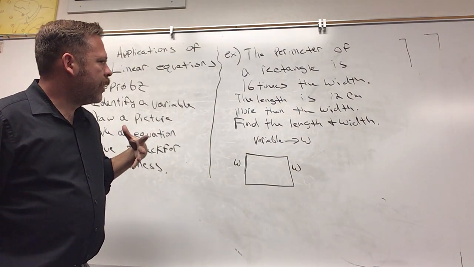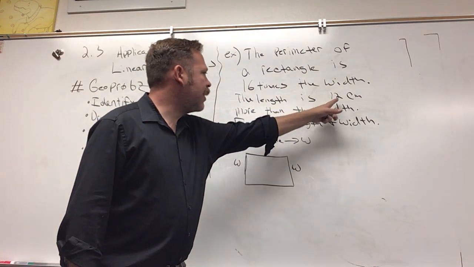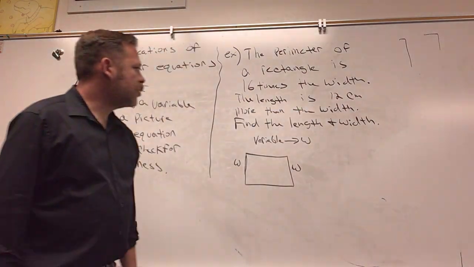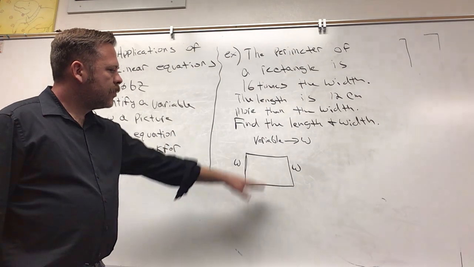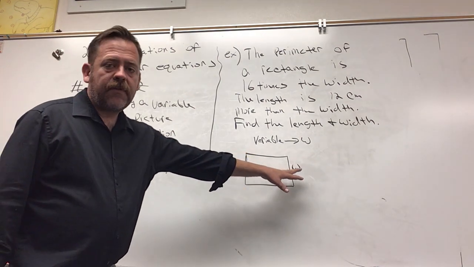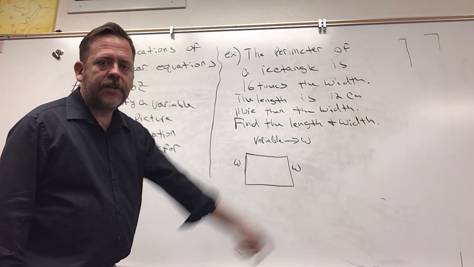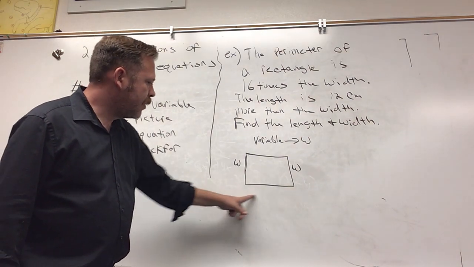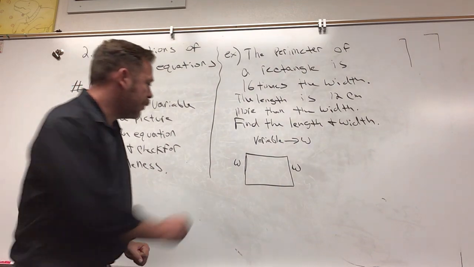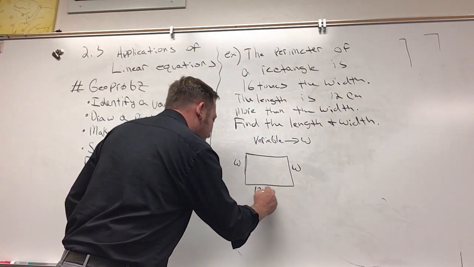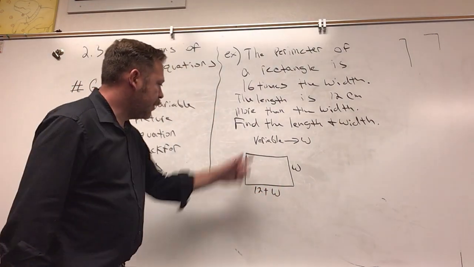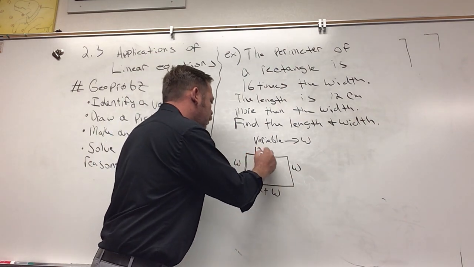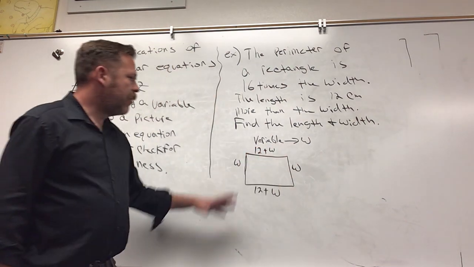Here I have information that the length is 12 centimeters more than the width. So this length, in terms of W, then I have all the dimensions of this picture in terms of one variable. What would this length be? Yep, 12 plus W. And this is also going to be 12 plus W. So now we have a diagram.